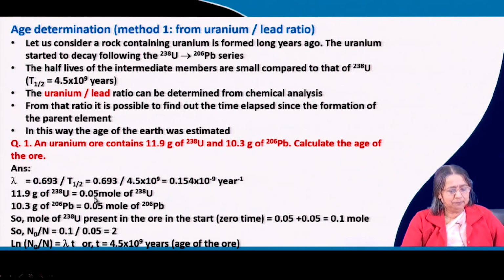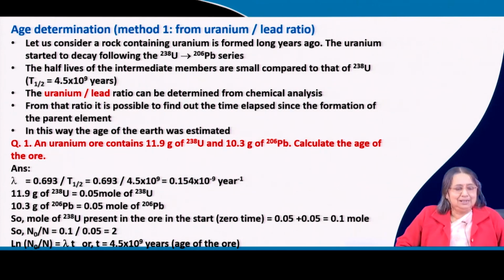So, 0.05 plus 0.05, that is the beginning N0 value. So, you can put N0 as 0.1 and N as 0.05, that ratio is 2. After putting all the values you get 4.5 into 10 to the 9 years, that is the age of the ore. The concept is very good, application is also very good, and the calculation is very simple.